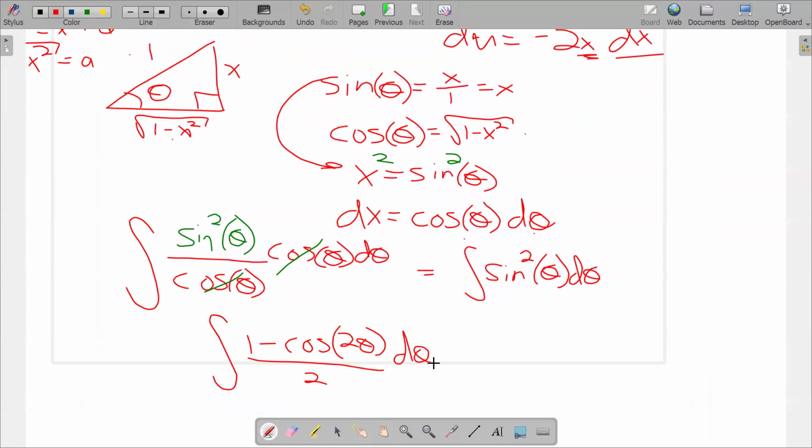Now the antiderivative. Let's see, the 1/2 can just come out. And then the antiderivative of 1 is theta. The antiderivative for cosine is a sine, so minus sine of 2 theta. And we have to compensate there with a 1/2, right?